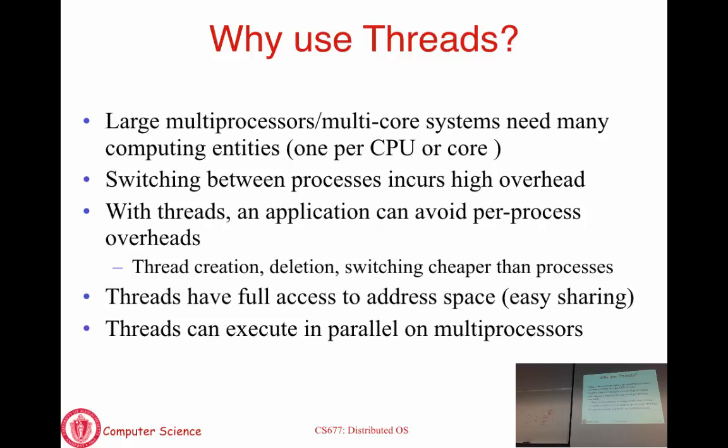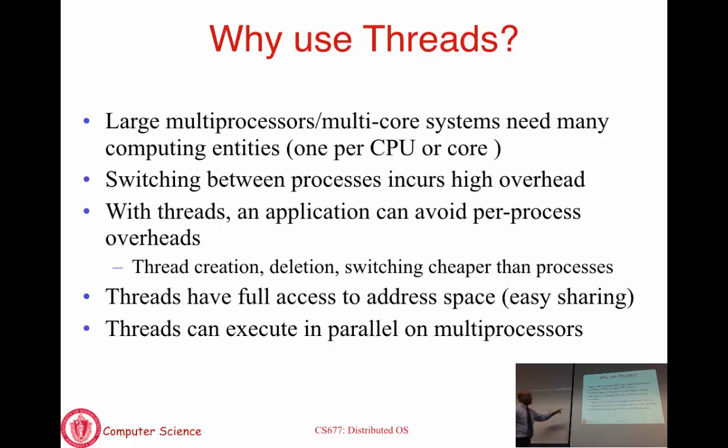So switching between processes is a heavyweight operation when you do CPU scheduling. Switching between threads of the same process is much more lightweight. So this can make better use of your resources if you have multi-threaded processes.